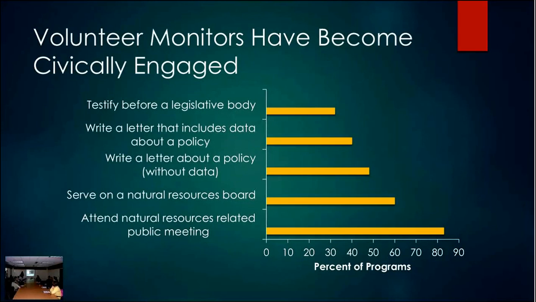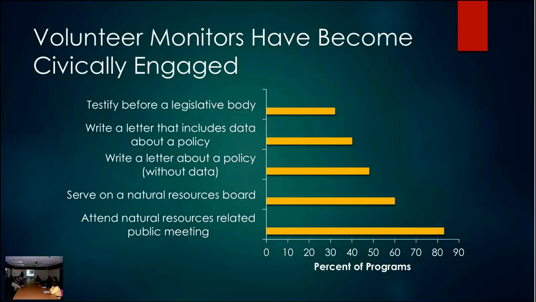The most often kind of outcome that volunteer monitoring programs reported was that volunteers had become engaged in civic issues related to the environment. So 83% of programs reported that their volunteers had attended some kind of natural resources related public meeting after becoming volunteer monitors.